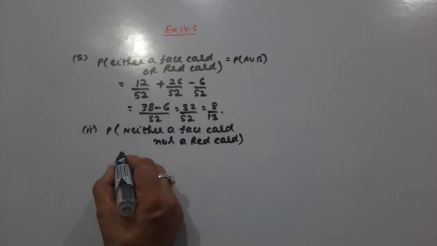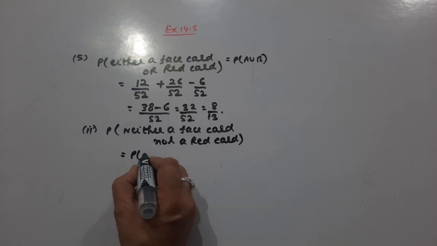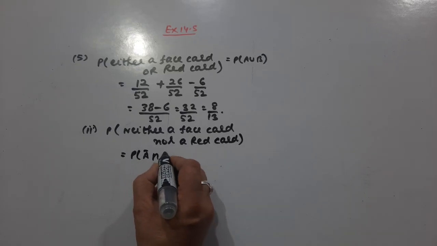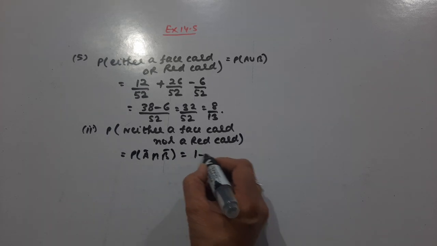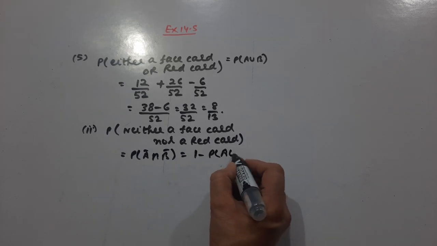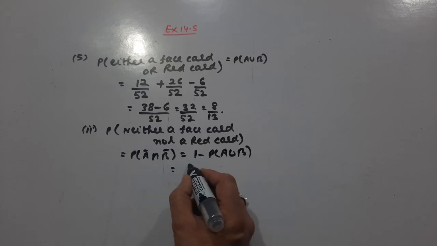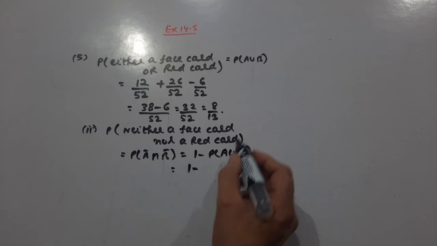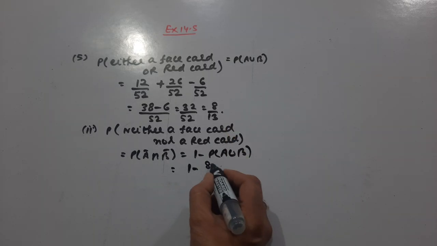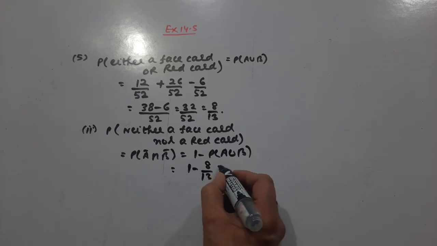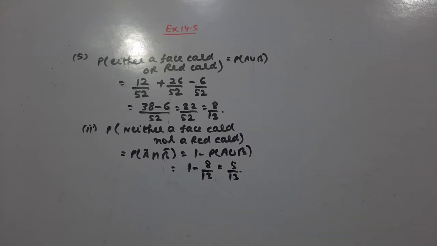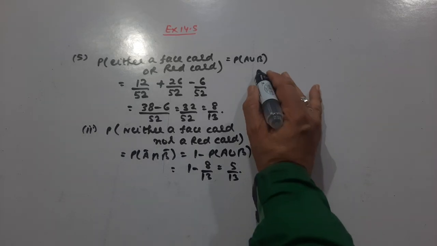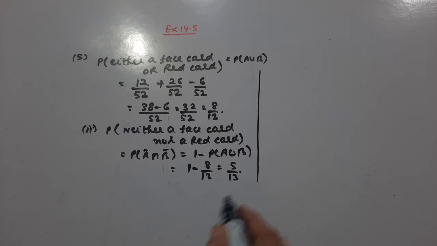So this is equal to P of A bar intersection B bar, neither a face card nor a red card, which equals 1 minus P of A union B. A union B is equal to 8 by 13 from the first part, and solving it we get 5 by 13. So the probability that it is neither a face card nor a red card equals 5 upon 13.